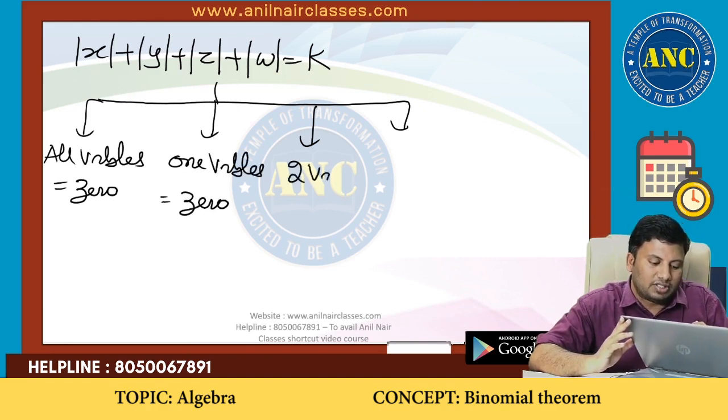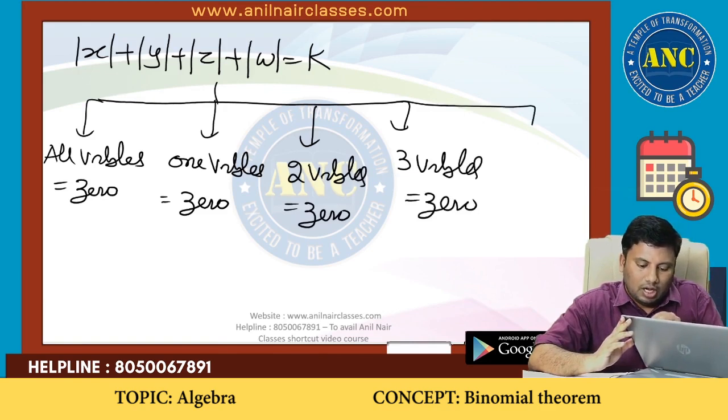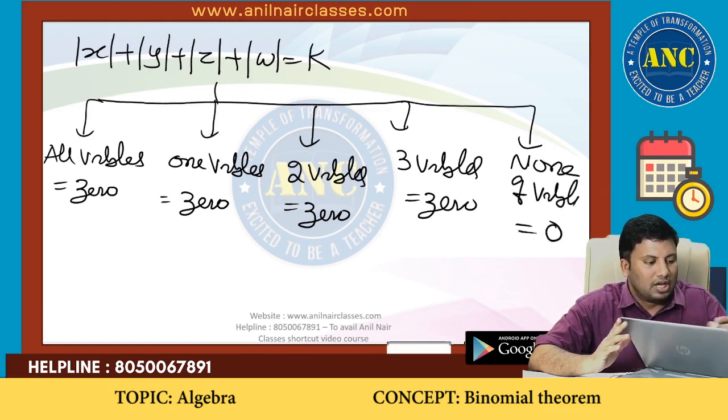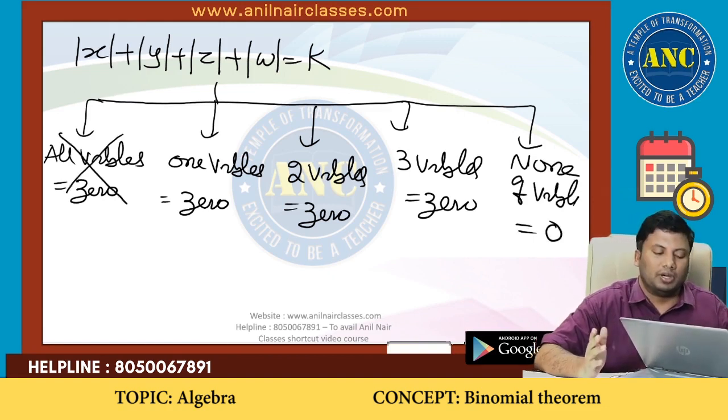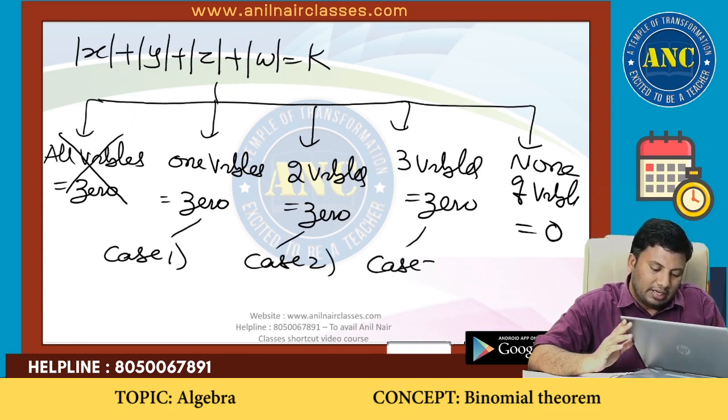Two variables 0. Three variables 0. None of the variables 0, this case is not possible. So there are 4 cases: this is case 1, this is case 2, this is case 3, and this is case 4.